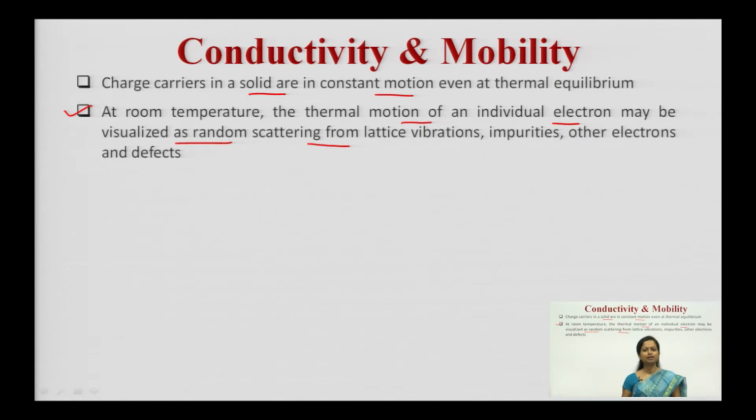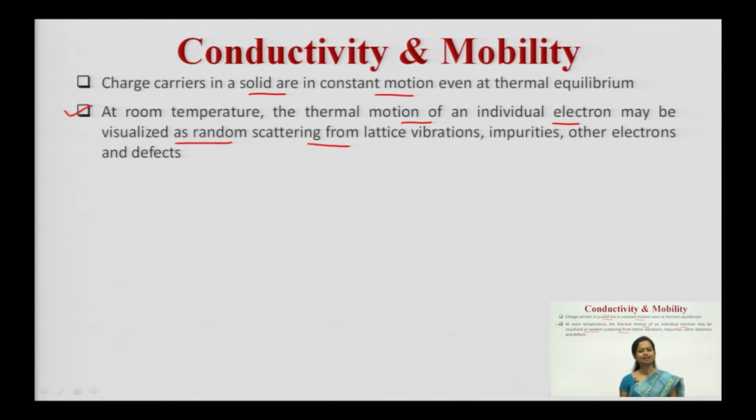You can assume one electron is available over there, and because of this thermal random scattering, that particular electron is moving randomly in any direction. That is how you can visualize the movement of a single electron.